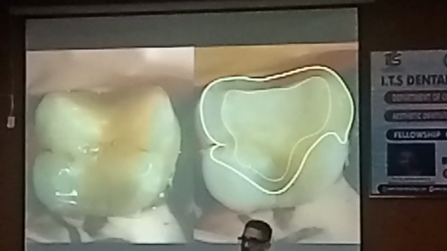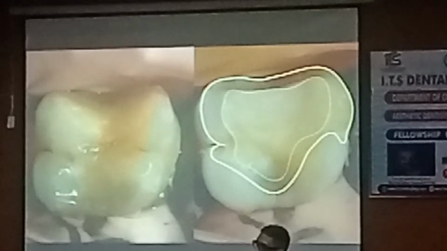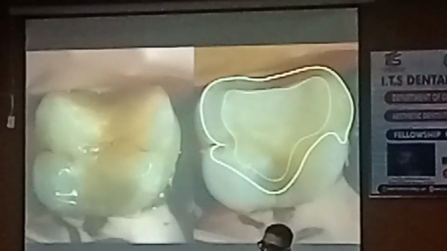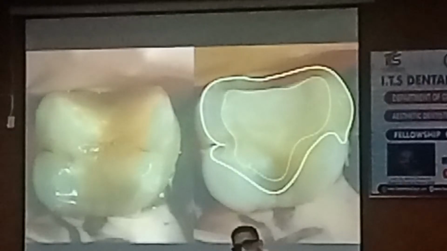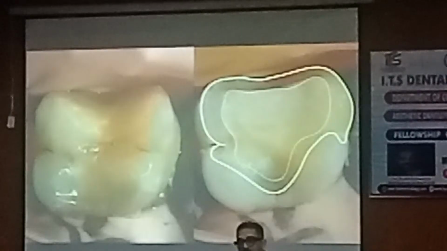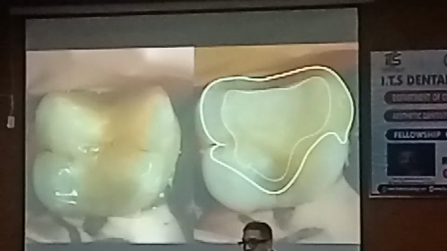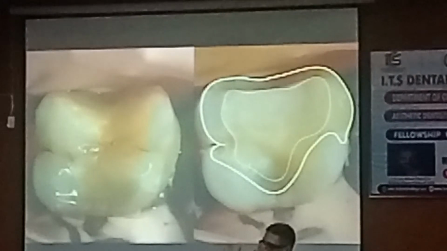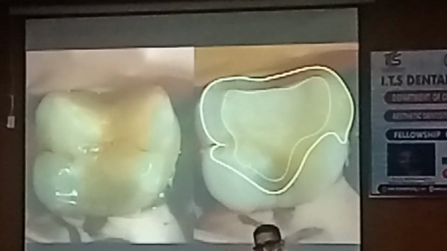Okay, so they are beneath the level of your major crossing ridges. So when you cut a tooth for a class 1 or a class 2, you are cutting these ridges completely off. So which means you are creating two independent structures which, when a force given, it tends to separate off.